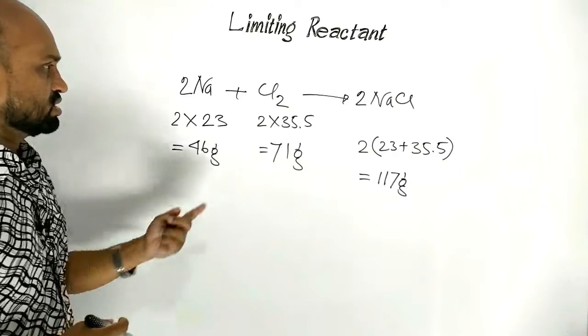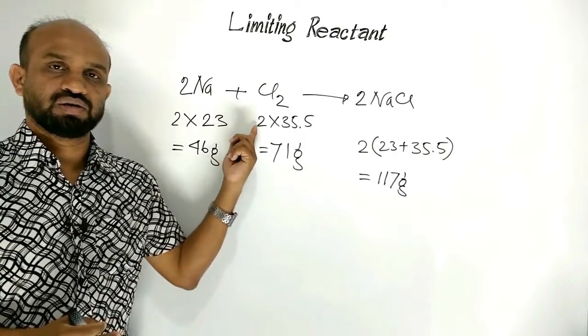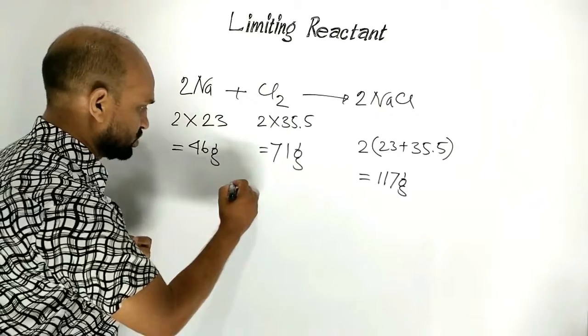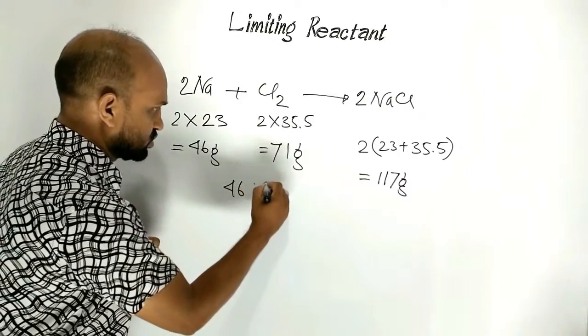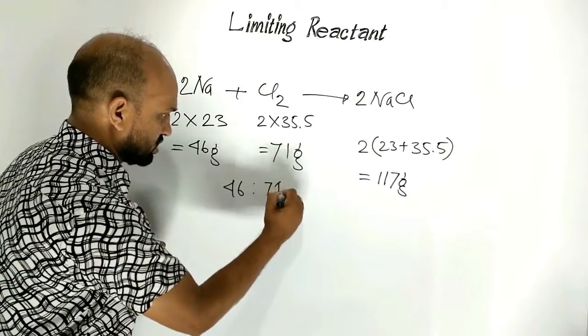So here sodium and chlorine react in the ratio 46:71.